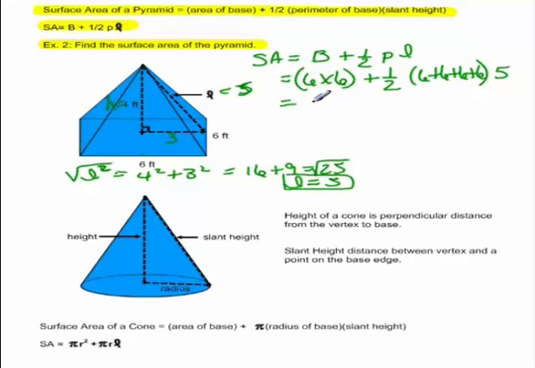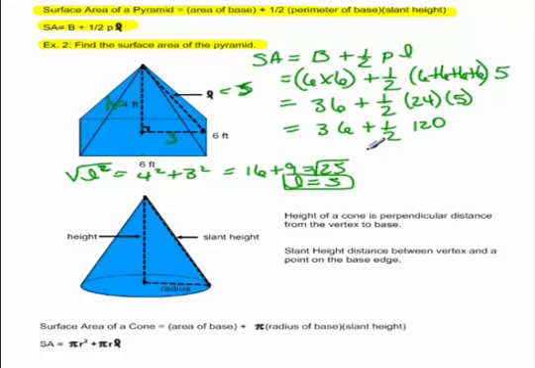Okay? So 6 times 6 is 36, plus 1/2, 4 sixes is 24, times 5. So 36 plus 1/2, 24 times 5 is 120.